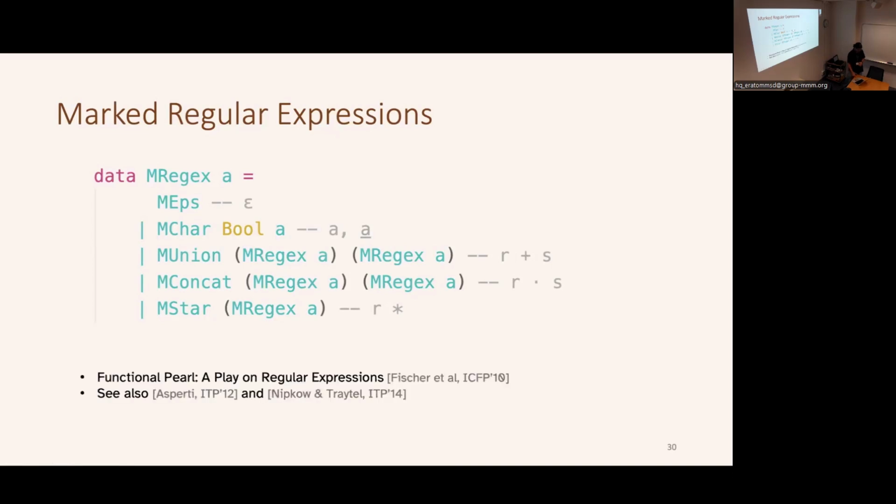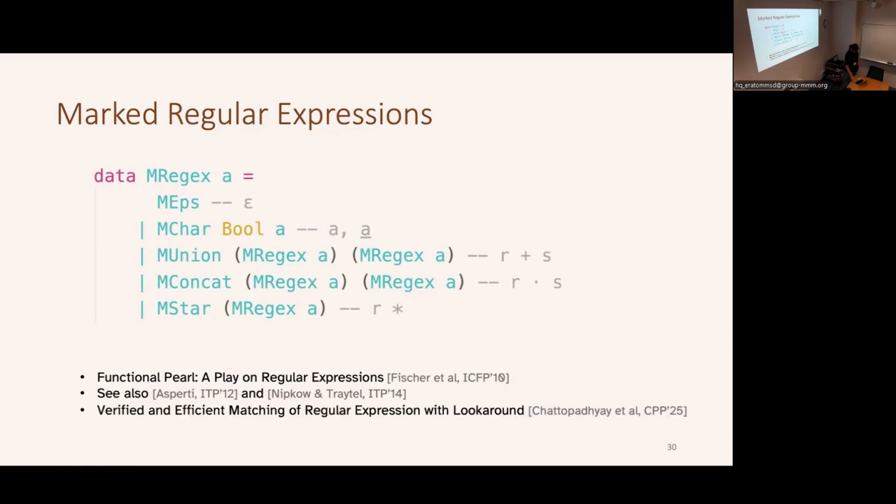If you are interested in this, you could read this very well written Functional Pearl called A Play on Regular Expressions. Fun fact, I was looking at the website of this author, and it turns out that about 10 or 12 years ago he was also visiting NII.